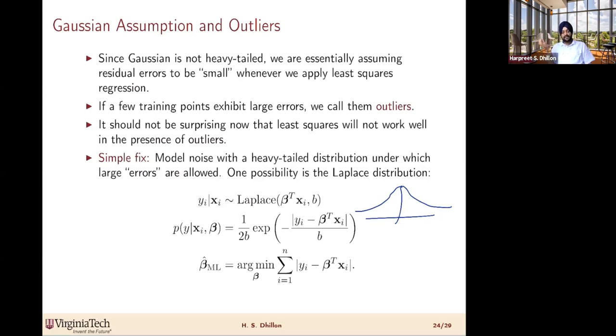And if you find the ML estimate in this case, it actually reduces to this form, which means in this model where your underlying assumption is Laplace, your loss function choice would be just the absolute loss, or L1 loss. We chose L2 loss before, so this is what we also called L1 loss. So if you have large errors or outliers, this is the reason why you use absolute value loss, okay?